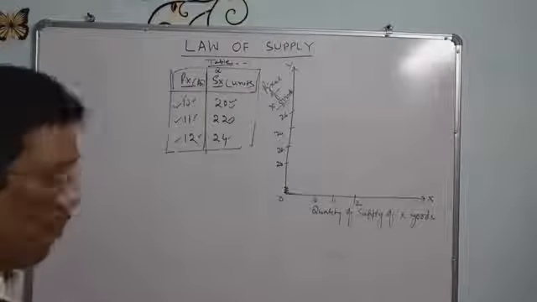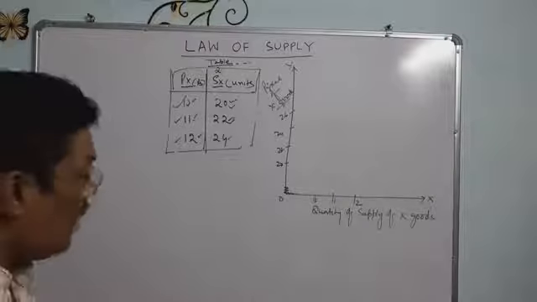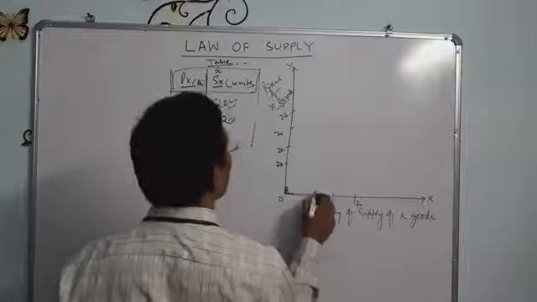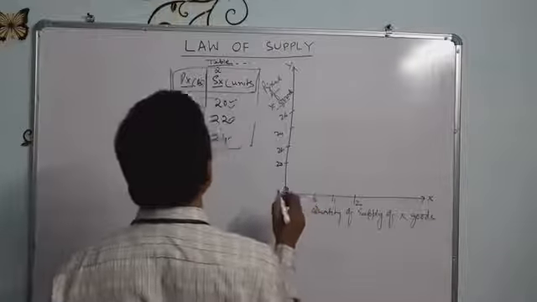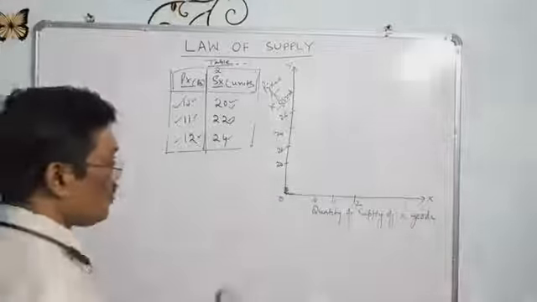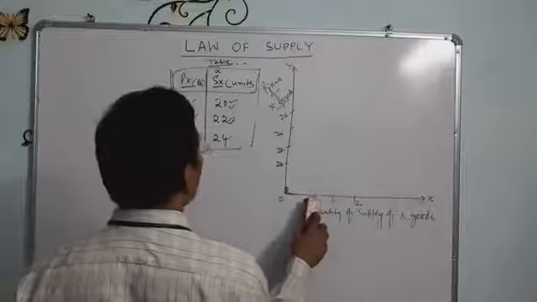So the first point: 10 rupees price of X goods, quantity is 20.